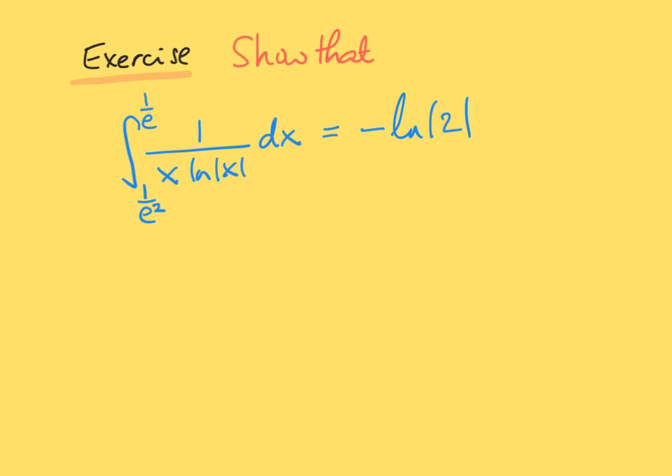And if you actually think a little bit about what this integrand looks like, then what you will find is that over this range of integration from 1 over e squared to 1 over e, it is negative.